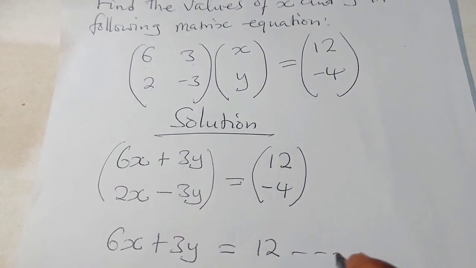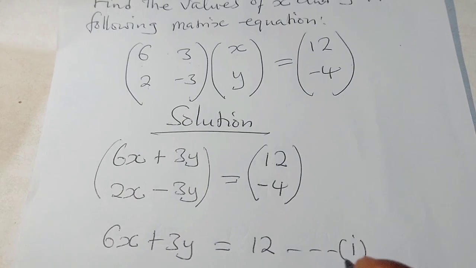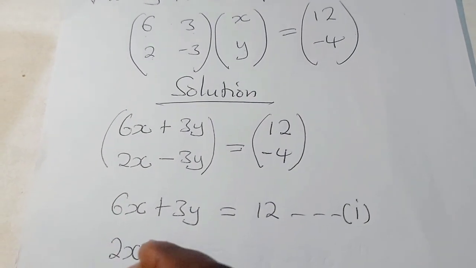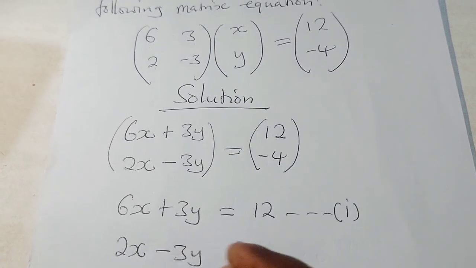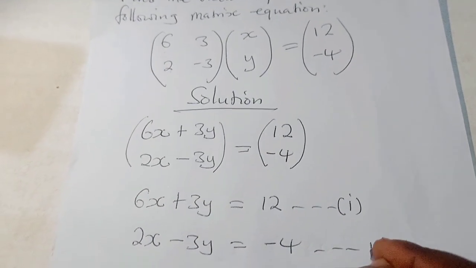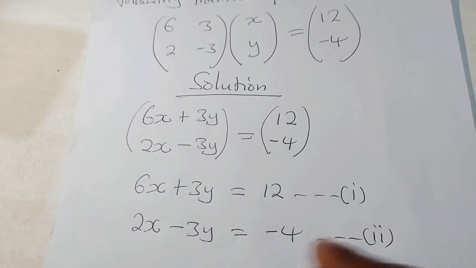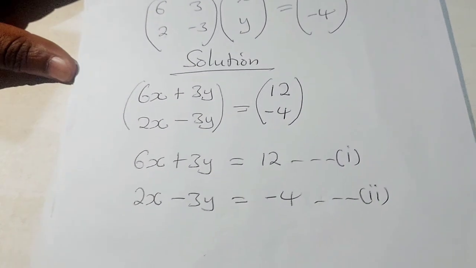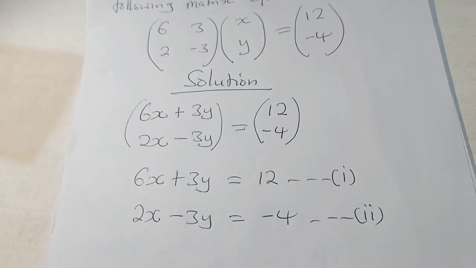Now this will be our first equation. Then 2x minus 3y equals negative 4. And this will be our second equation.